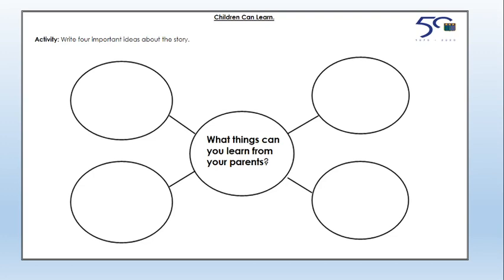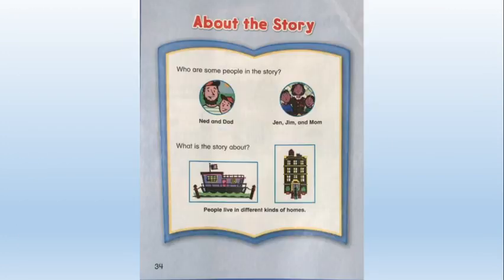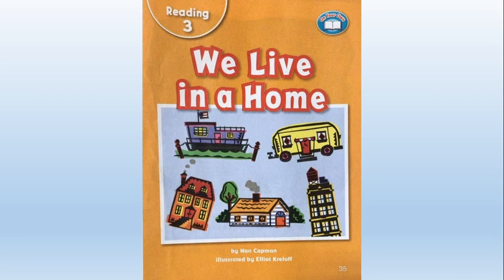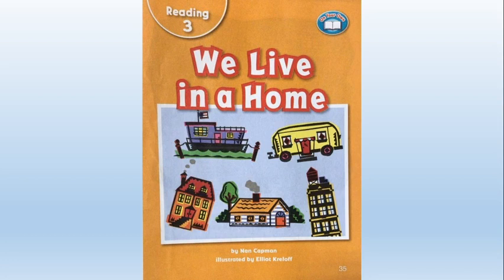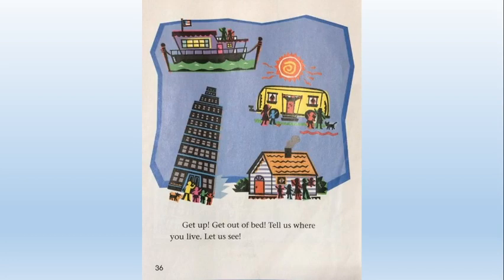Next story is We Live in a Home. In this case, it's very interesting because as you can see, we have one, two, three, four, five different types of homes. And the thing is that you have to know that even though they're different, they do the same things.